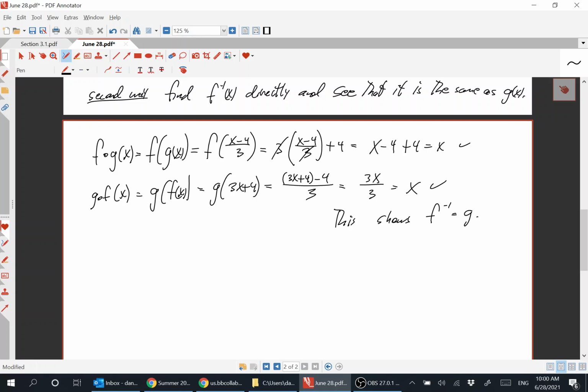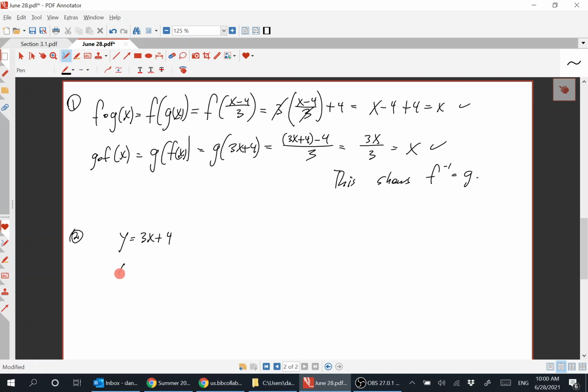The other way to do it, just find f inverse directly. So y is equal to 3x plus 4. So switch, remember you switch x and y. x equals 3y plus 4, solve for y.